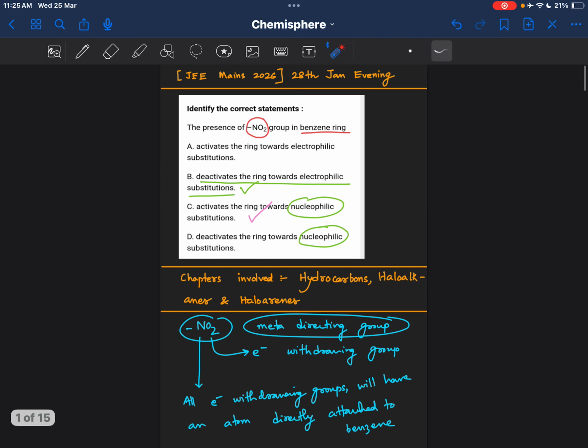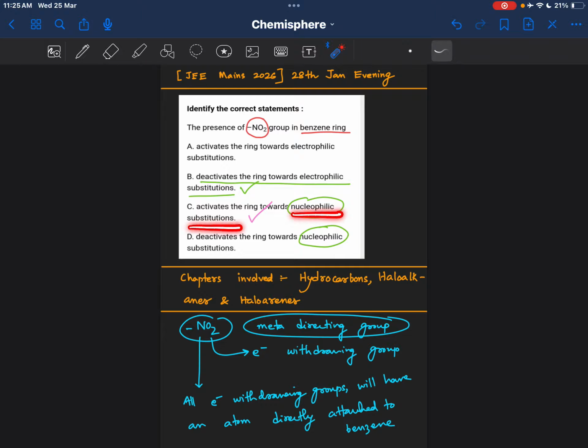Okay, so therefore these are the two correct statements, that it deactivates the ring towards electrophilic substitution because NO2 is electron withdrawing, it withdraws electrons, reduces the electron density, electrophile wants more electrons, does not get those, that's why it deactivates towards the electrophilic substitution.